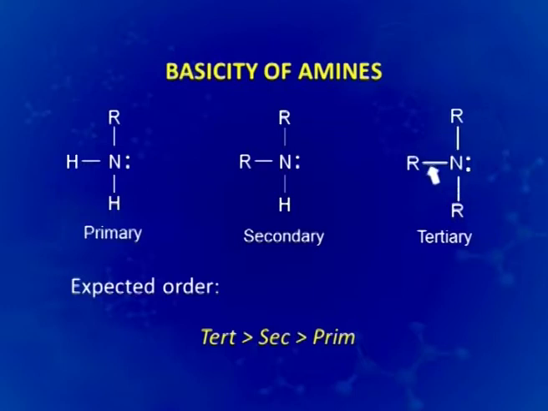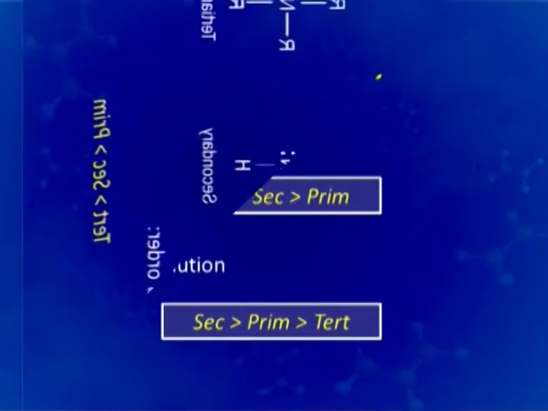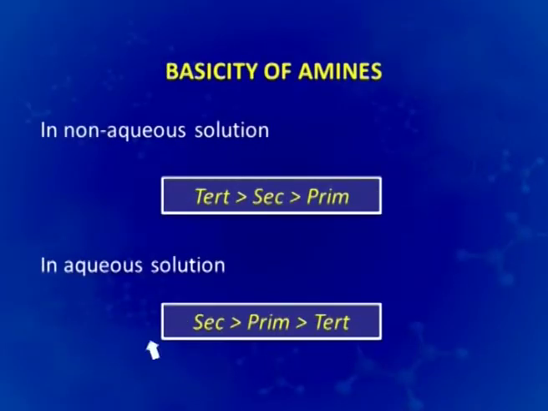Now, these alkyl groups make it difficult for the nitrogen atom's lone pair to get solvated, or to let the solvent molecules solvate this particular molecule. As a result, the lone pair becomes less available for the substrate to be acted on, and therefore, the order of basicity is as shown here.